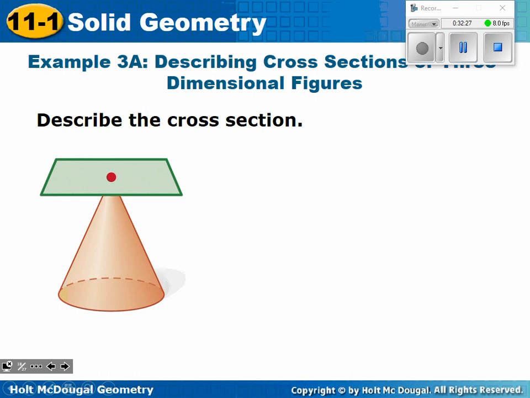What's the intersection of my hand or a plane and this cone? What is it? Just the point. Just the point right here. So describe the cross section. Cross section, it would just be a point. It's just a point. Don't make it too hard.